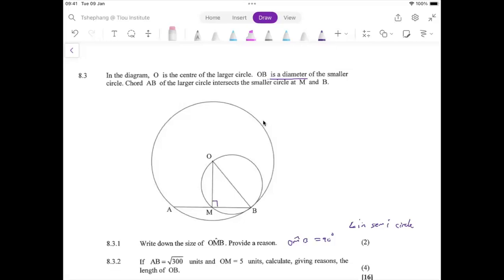Yes, that's correct. We can use that one. OB is our radius. Yes, OB is definitely a radius, but it doesn't help. It's the radius of the bigger circle. But we have discussed a few reasons that you can use there. So I think we definitely can move on.